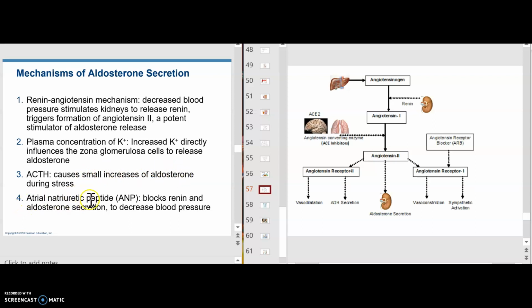ANP, you may recall from cardiovascular, was produced by the atrium, and what it would do is cause diuresis, also called natriuresis. Natriuresis and diuresis both mean urination. It blocks renin and aldosterone to decrease blood pressure, but it increases the amount of urine output. Okay?